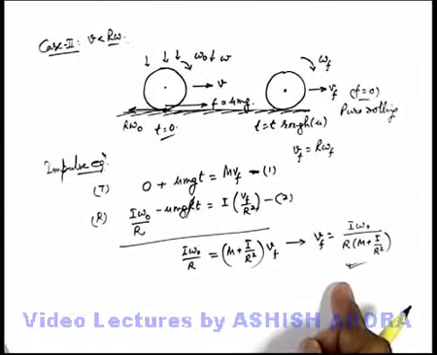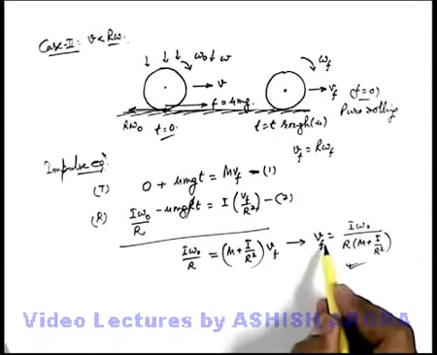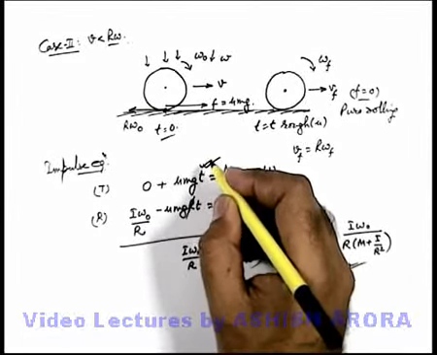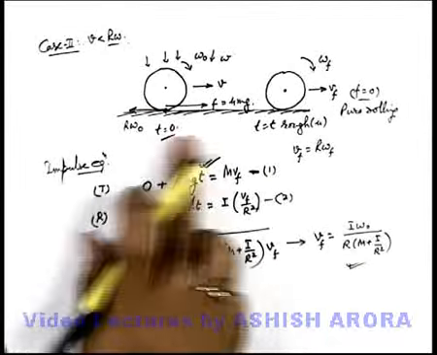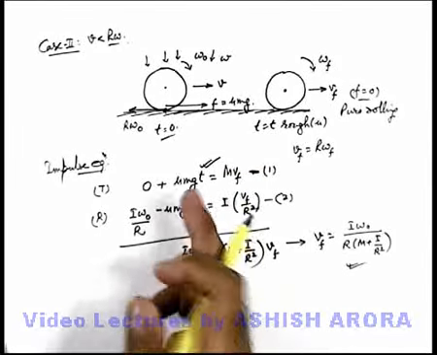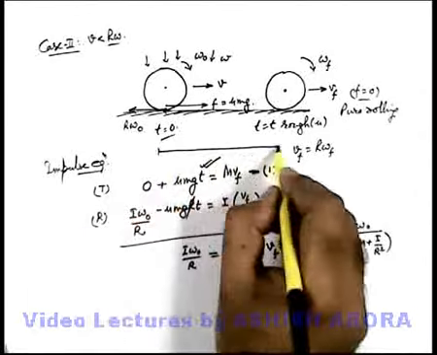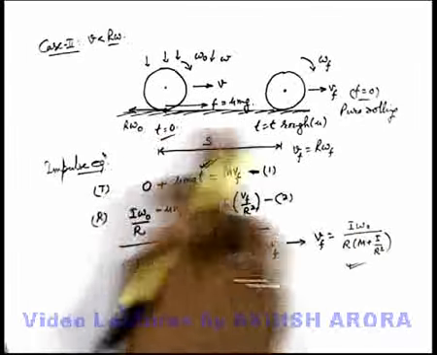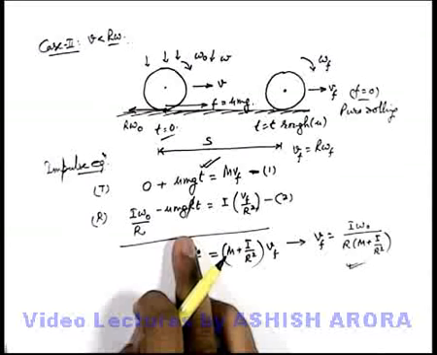Very easily you can analyze this, and using this Vf, if I substitute it here, I will get the value of time for rolling with sliding motion, after which pure rolling starts. And if I know the time, certainly I can calculate the displacement covered by the body during the time it was sliding along with rolling.